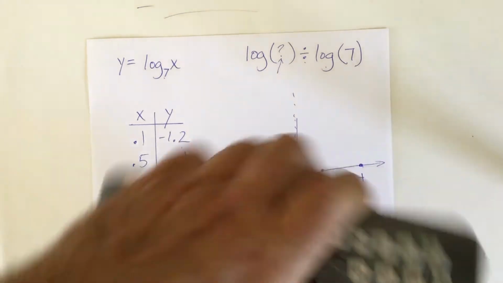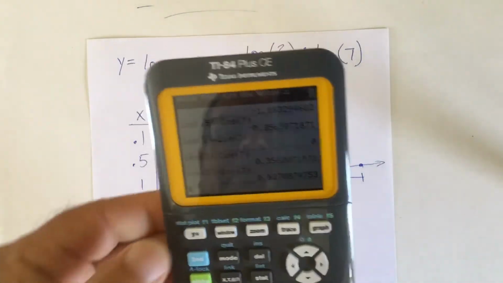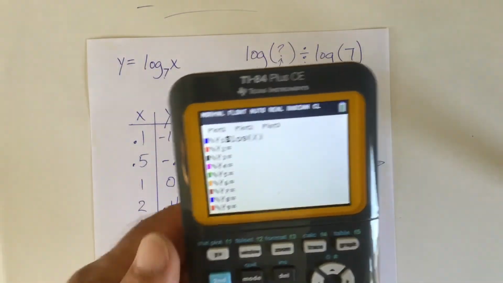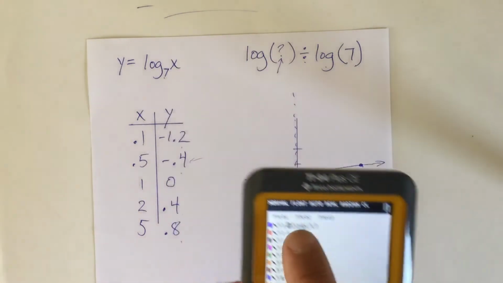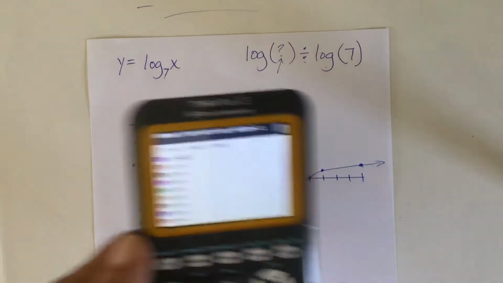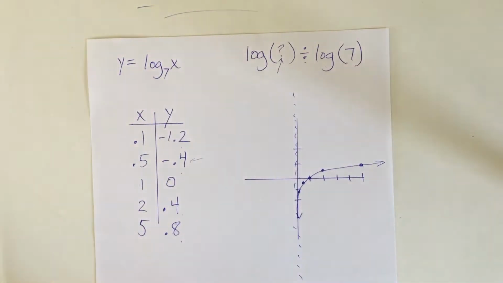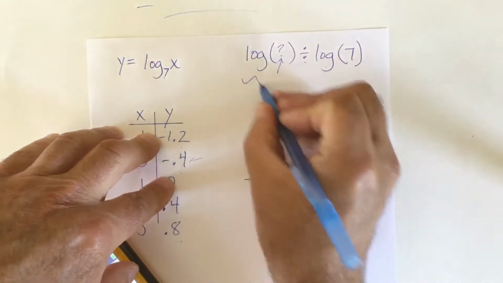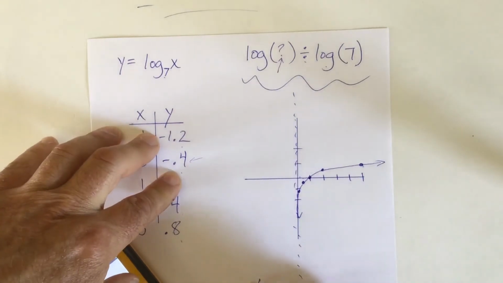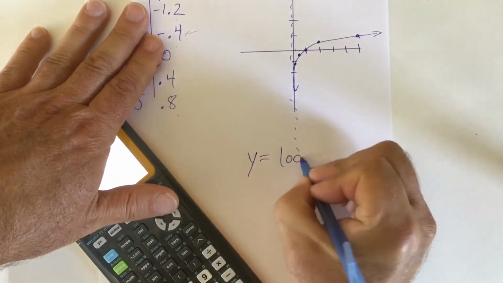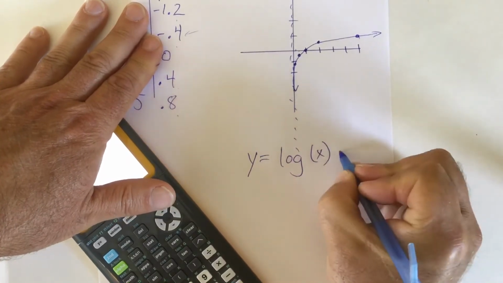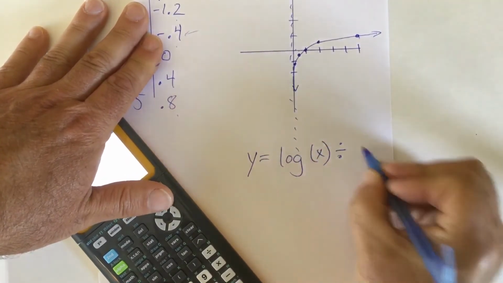So here's the thing. I'm going to go back to my calculator because I want to show you how to check your work on this one. I'm going to clear this one out. But I know to graph this on my calculator, I'd have to enter it like this: Y equals log x divided by log 7.